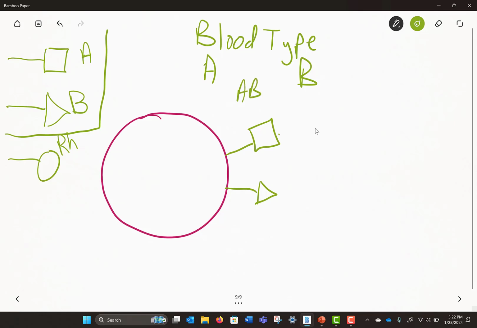There is no antigen AB. What we're saying is this person is blood type A and blood type B at the same time. This person has both A antigens and B antigens, so they are blood type AB.